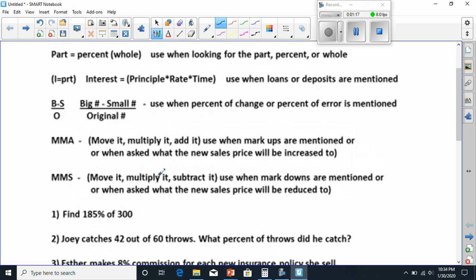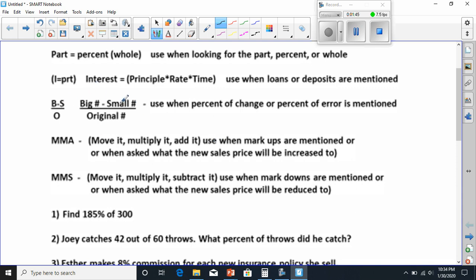Well, we do need a percent when we move it, multiply it, and subtract it, but we're only going to use this when we're looking for things that are marked down or when they're asked to find a new sales price of something reduced. MMA will also have us move our decimal point, but only when you see something that says mark up, where it mentions that the new sales price will be increased.